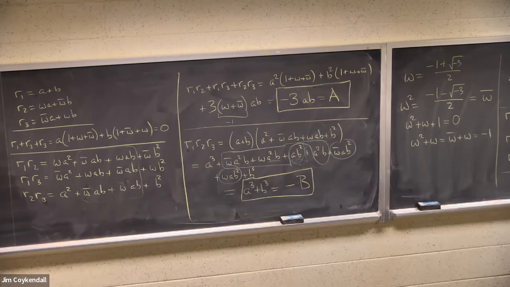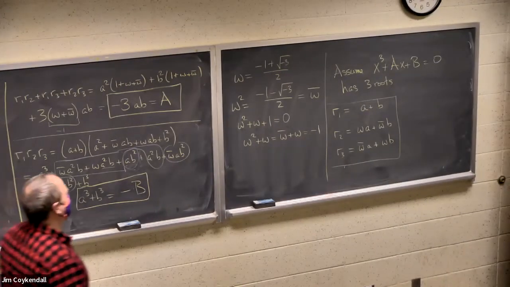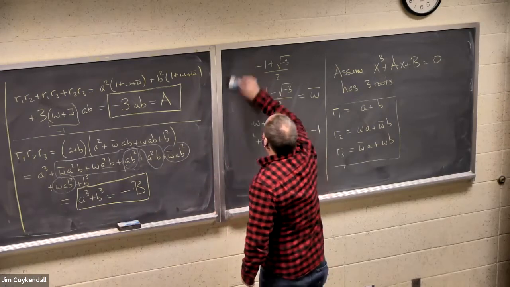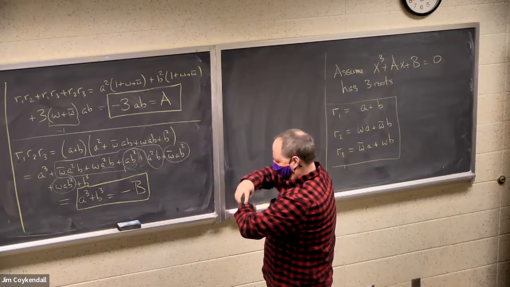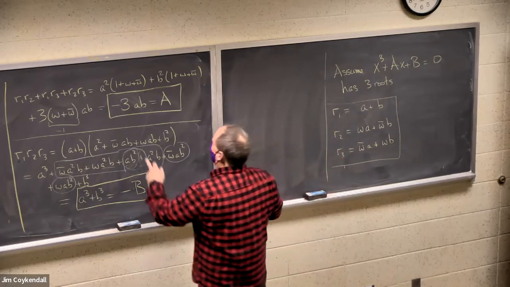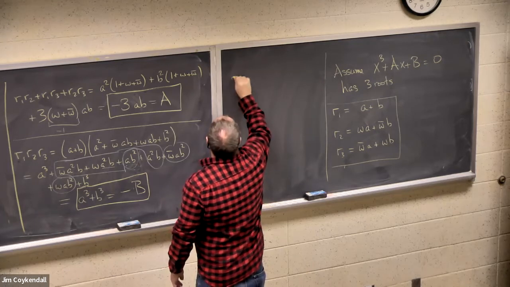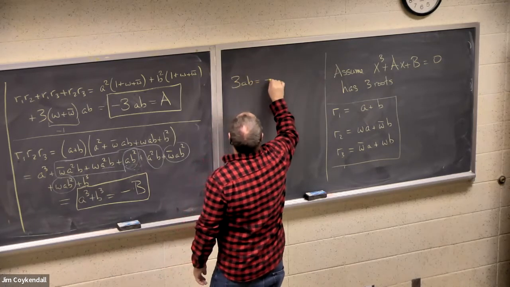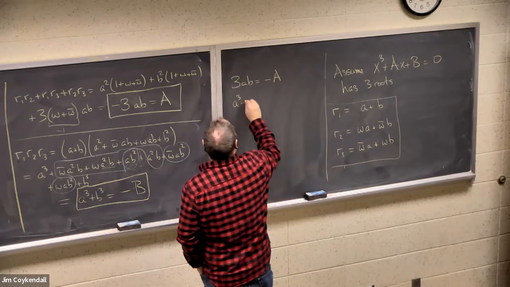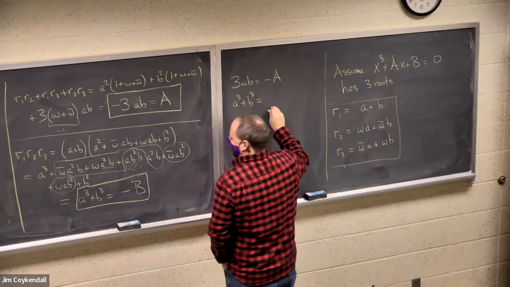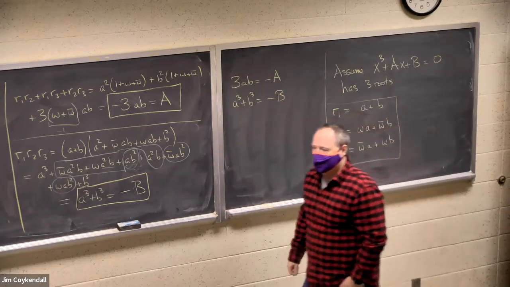So let's see what we get out of this. We now have a couple of equations. One of them is, actually, let's do it this way: negative 3AB equals negative A, and A cubed plus B cubed is equal to negative B. Great.